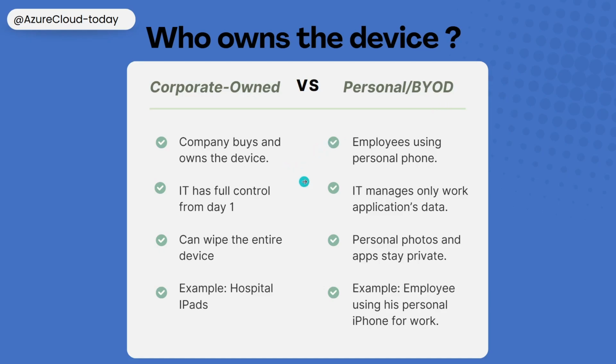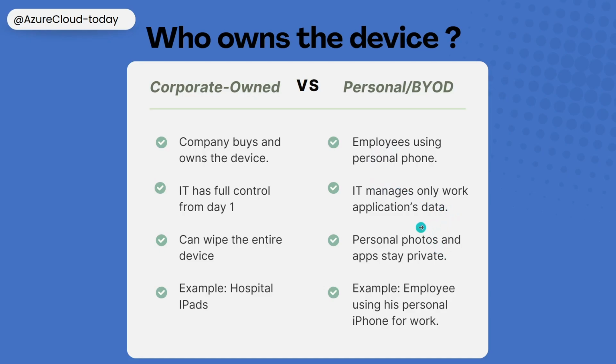In corporate owned scenarios, you can enforce everything you want since the device is owned by the company. And in BYOD, companies can only manage the work side of things. For example, IT cannot wipe personal photos and personal text messages just because the employee left the company.